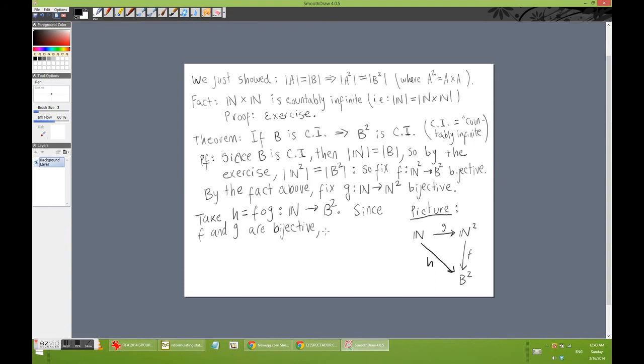Composition of onto is also onto. So composition of bijections is a bijection. So the fact that f and g are bijective implies that h is also bijective. We'll leave this as an exercise. So in conclusion, the cardinality of N equals the cardinality of B squared. So by definition, B squared is countably infinite.